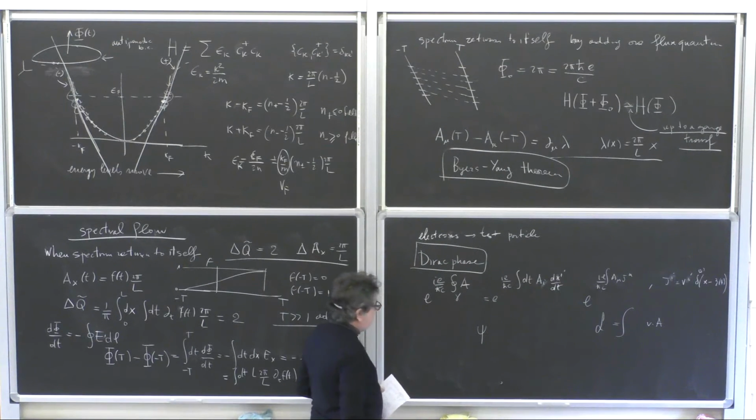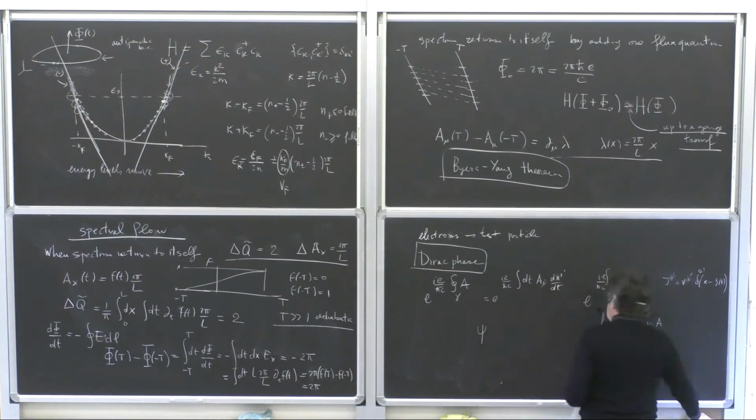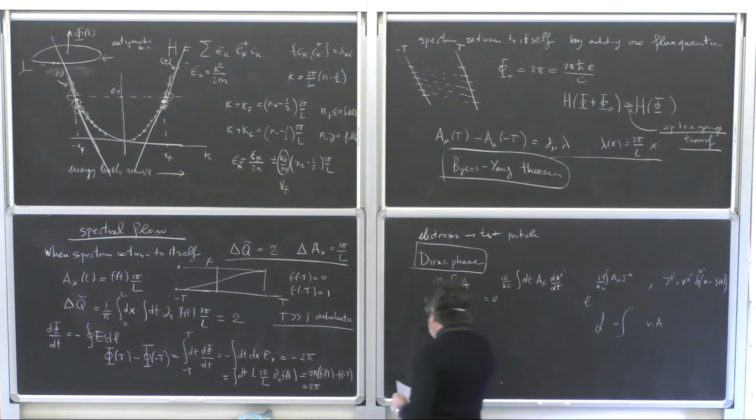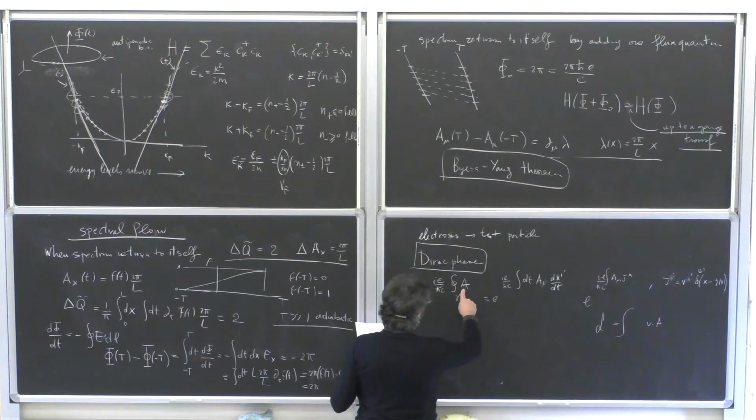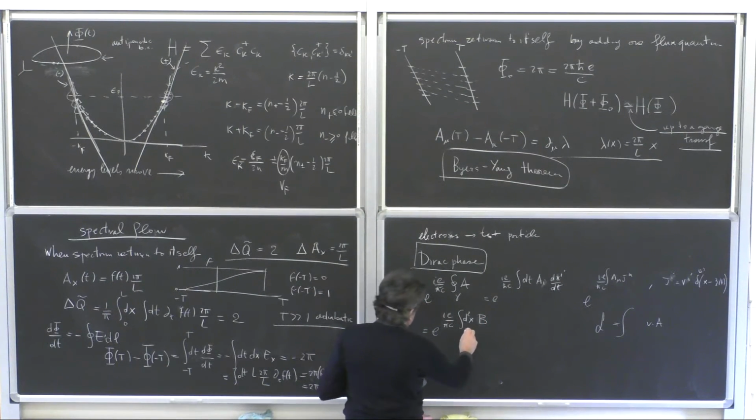So how much is the Dirac phase if I have a flux quantum, if it goes around the flux quantum? Well, you replace the circuitation of A by a flux, and then this becomes e to the i e over h bar c times the flux of B, the magnetic field through the disk, such that the boundary of the disk is the circuit.